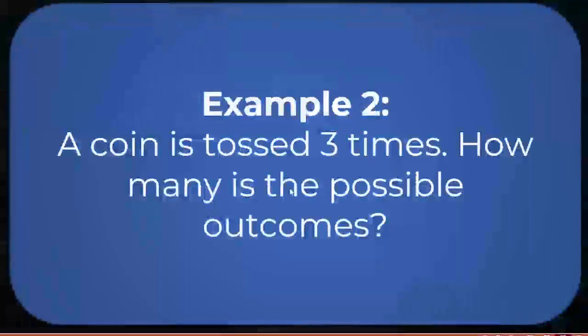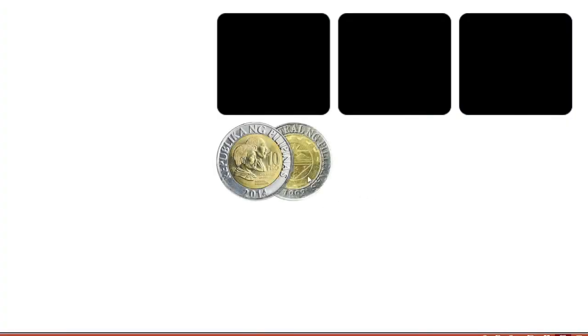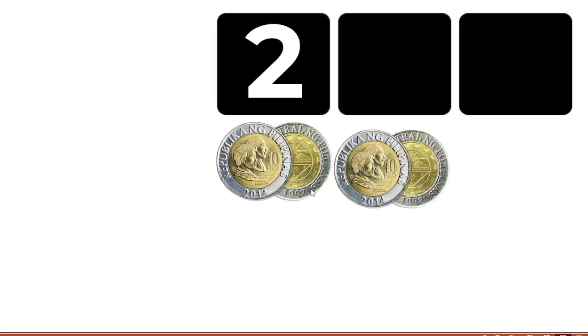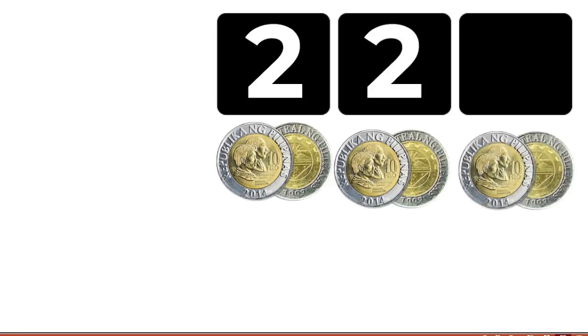Another example: a coin is tossed 3 times. How many possible outcomes are there? Basically, you toss a coin. It's either heads or tails, so there are 2 possible outcomes. Then you toss another coin, so there are still 2 possible outcomes. And the third toss is still 2 possible ways.